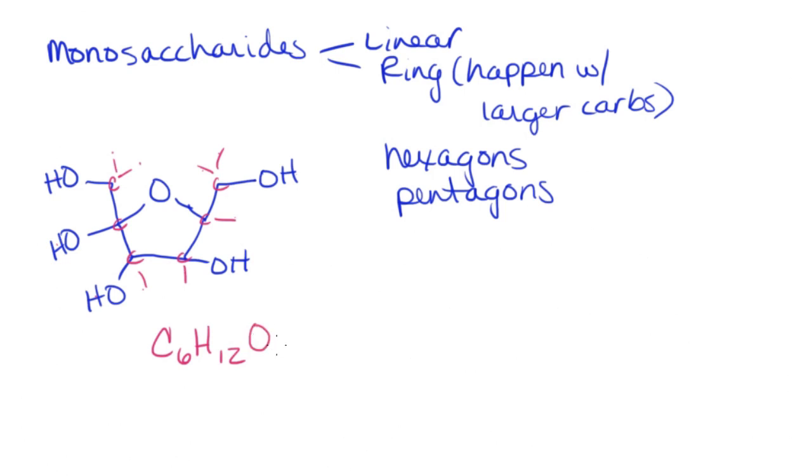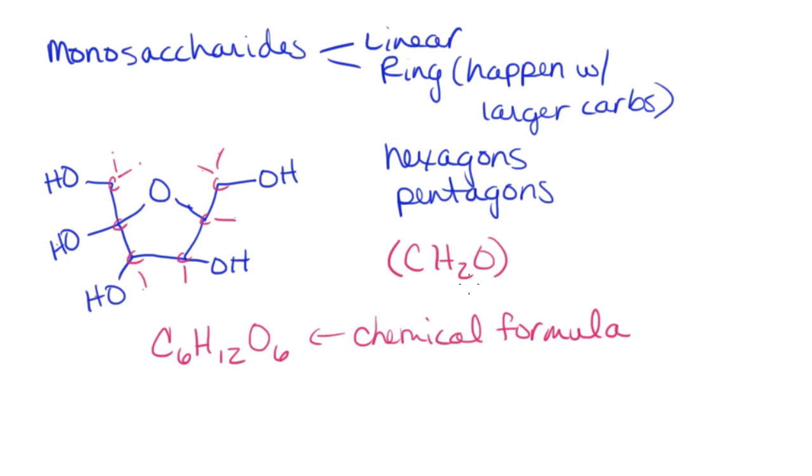And my oxygens, there's going to be 6 of those if you go through and count them up. So what I've written right here, this would be the chemical formula. And when we're looking at the chemical formula of any monosaccharide, you end up with some multiple of CH2O. And so that is the basic formula right there.